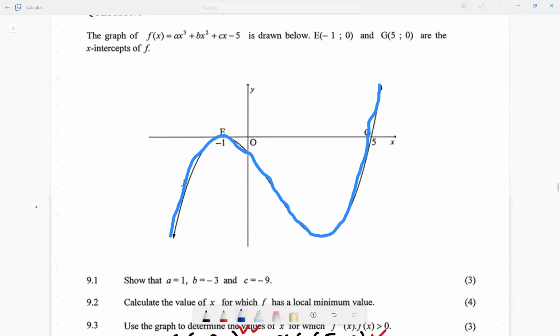Let me use a different color so that it's going to be clear. I'll explain this thoroughly, guys. You'll understand this. It's fine. Don't worry.